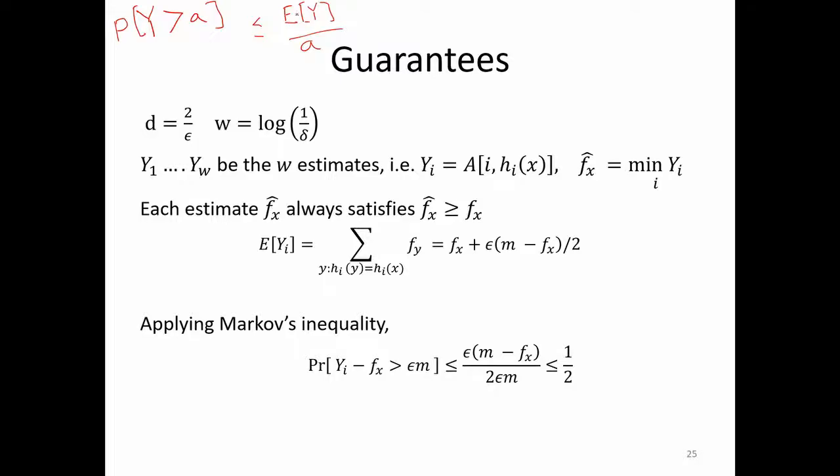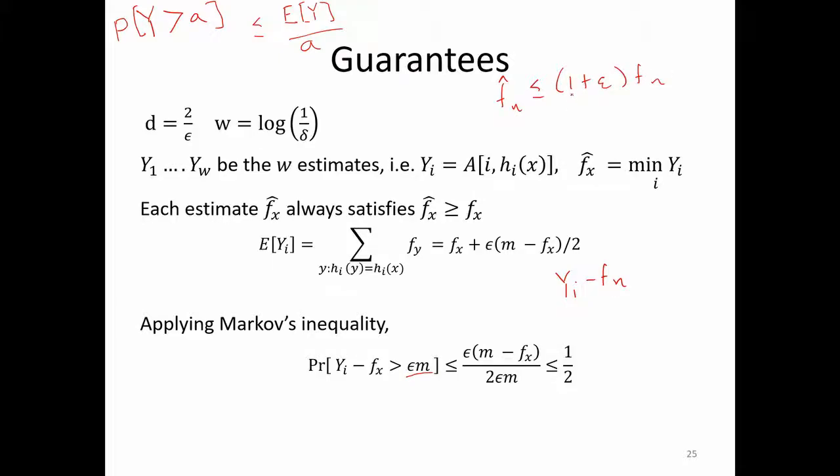Okay, so we want to look at the random variable yi minus f of x, and we want to see what is the chance that this random variable exceeds epsilon m. Remember earlier I was saying that we need a guarantee of this form, 1 plus epsilon f of x.